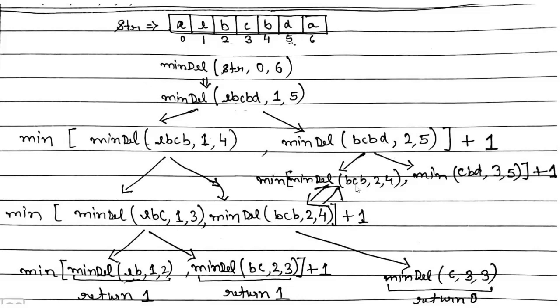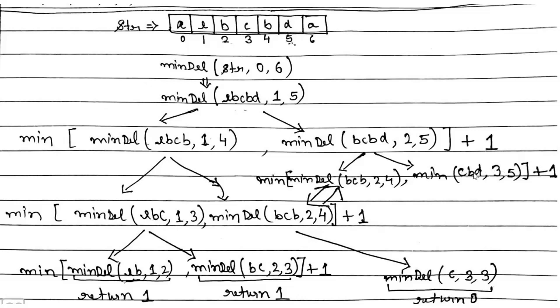In this case, I would have deleted D. In this case, I would have deleted B. In either of the cases, at least I would have deleted a single character. Hence, I would have added 1 over here. So this BCB is again an overlapping subproblem. You can see this min del BCB 2 4, min del BCB 2 4. They both are overlapping subproblems. Hence, the answer to this BCB would have been 0. I can easily say that because I can already see it over here.